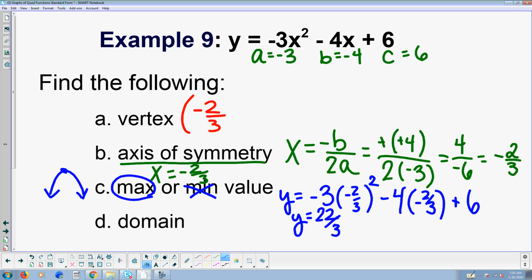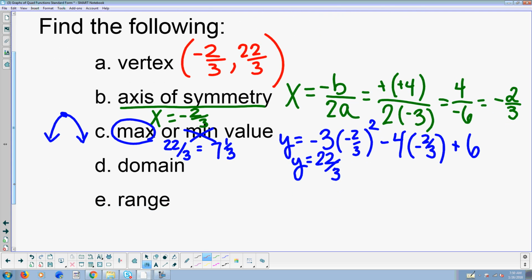So we got a maximum value of 22/3, or 7 1/3. Okay? So my y-coordinate of my vertex is 22/3. All right, for the domain, our domain is all real numbers.